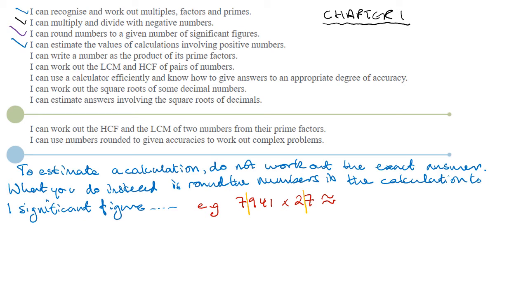So the 9 in the 7,941 makes the 7 go up to an 8, so I have 8,000. And the 27, the 7 will make the 2 go up to 3, so I end up with 30. And this I can do, 8 times 3 is 24, followed by 1, 2, 3, 4 zeros. Okay, so that's how we would do it. Round the numbers to one significant figure.